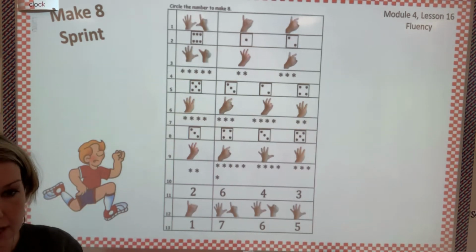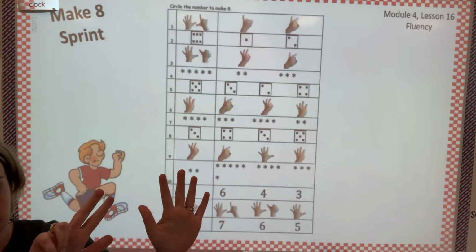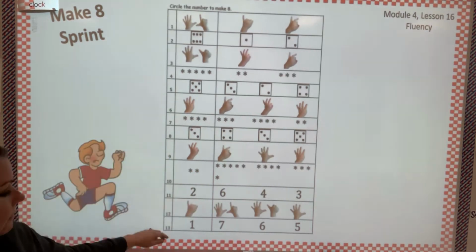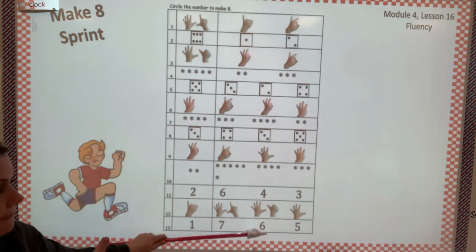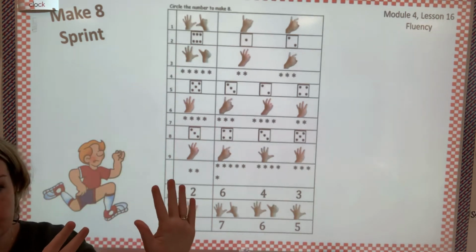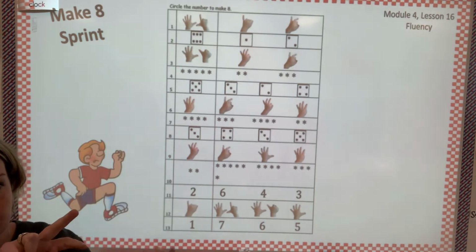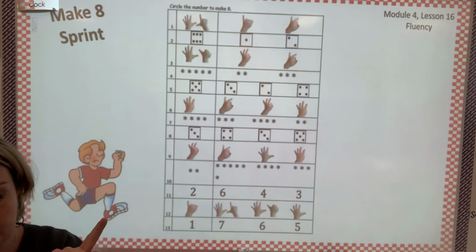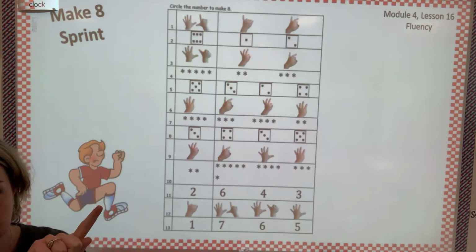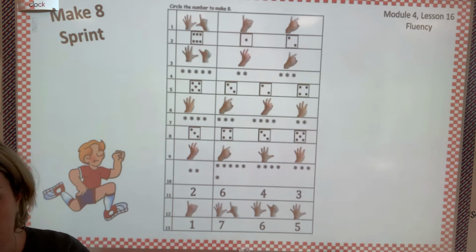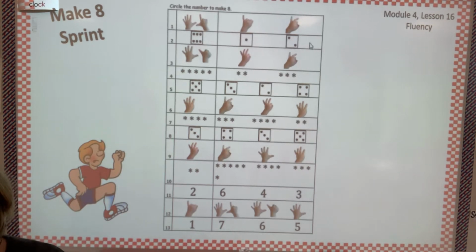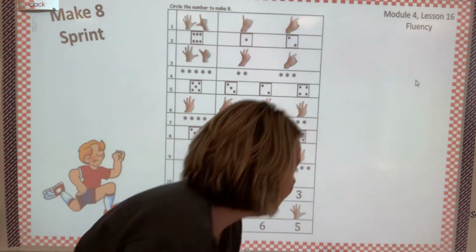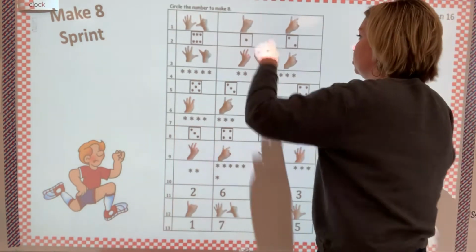Show 8 fingers. Okay? The first one has 7. So I'm going to put 7 of them down. If I put 7 fingers down, how many's left? 1. So how many more did I need to make 8? 1. So I can circle the 1.